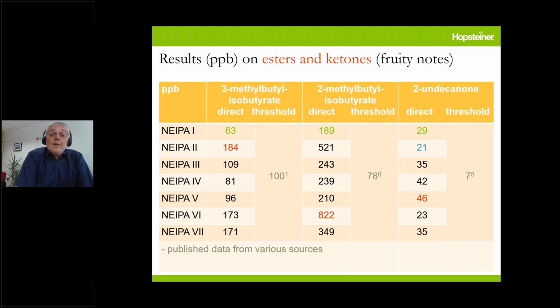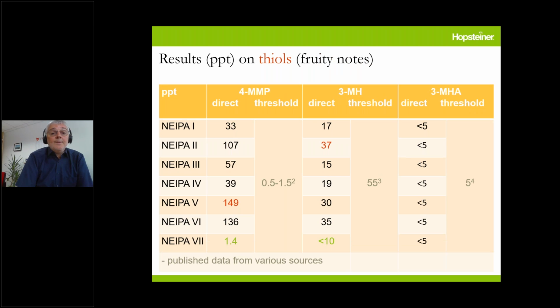For the second ester, you have higher concentrations in all cases as compared to the published threshold value. And also for the undecanone, you have higher concentrations as compared to the threshold value. So again, these compounds are contributing to the aroma of New England IPAs.